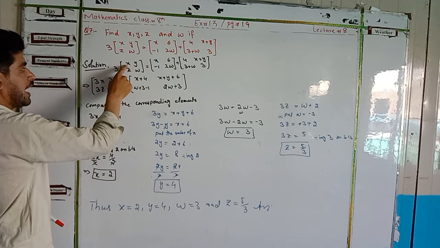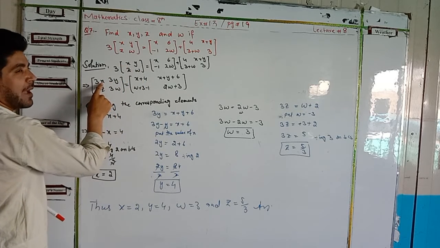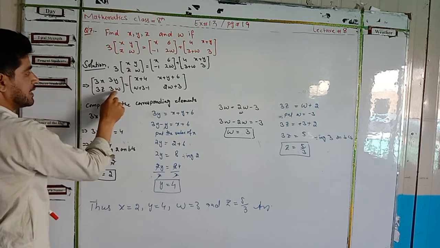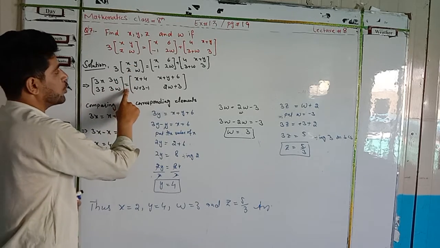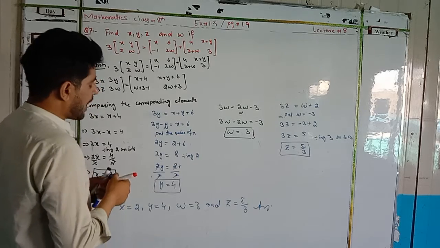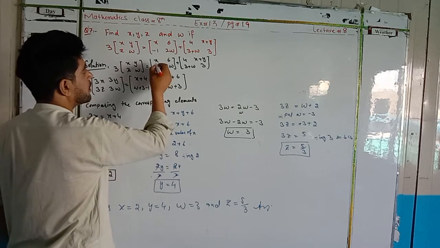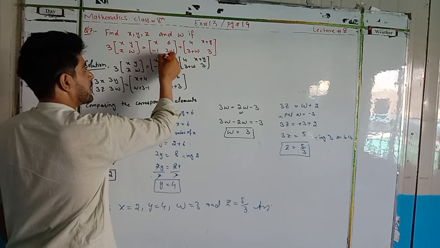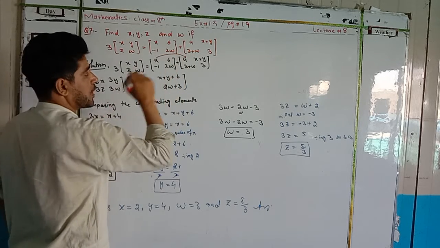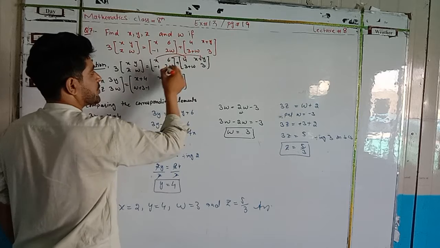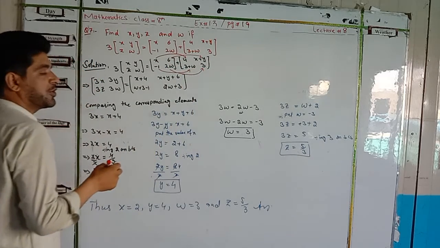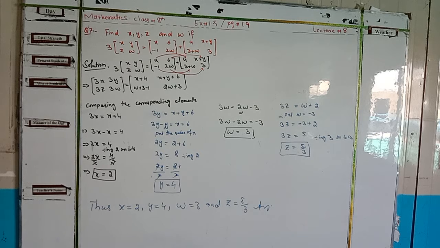So 3 multiplied by x is 3x, 3y, 3z and 3w. Now we will add these matrices. First element adds to first, second to second, third to third and fourth to fourth. This is the process of addition.